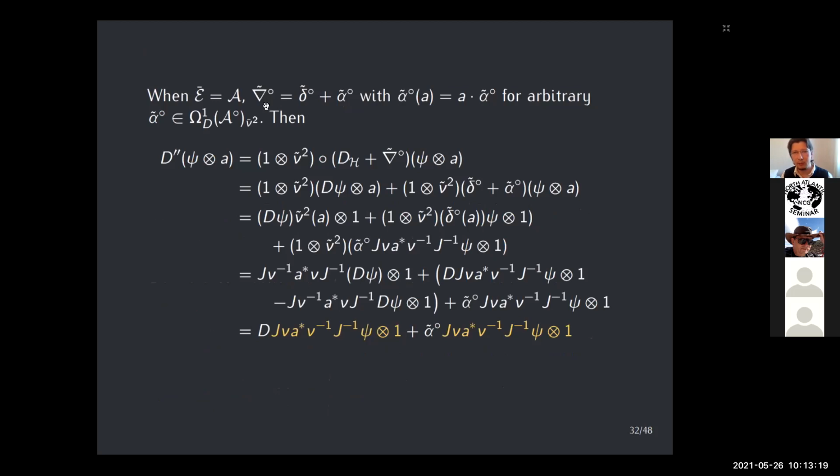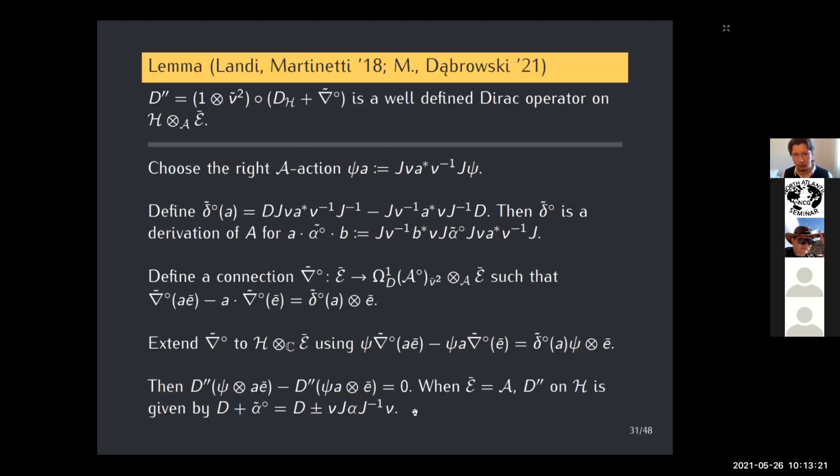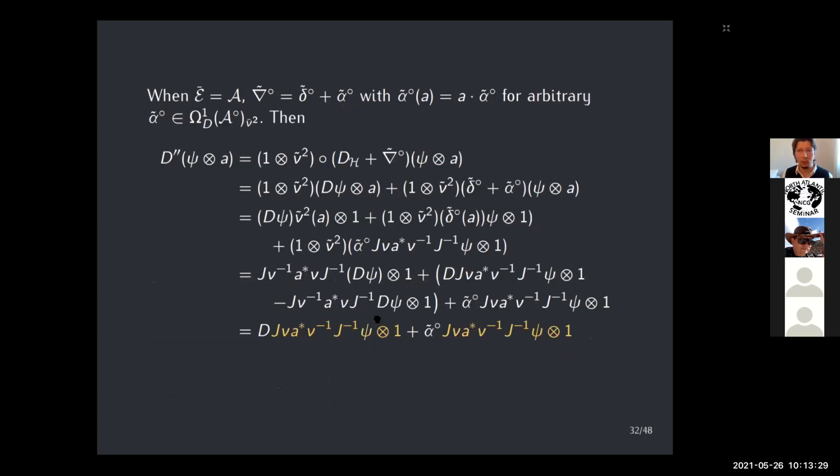This twisted one form connection comes from here. Well, the point is that much like in the other case, you get a derivation plus an arbitrary one form, where this one form is your connection one form.